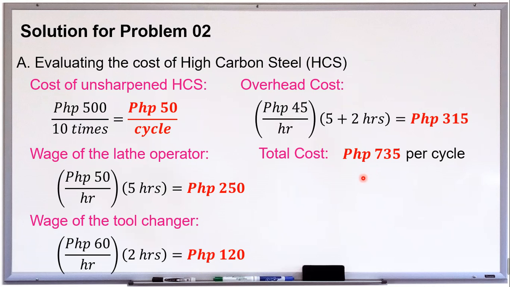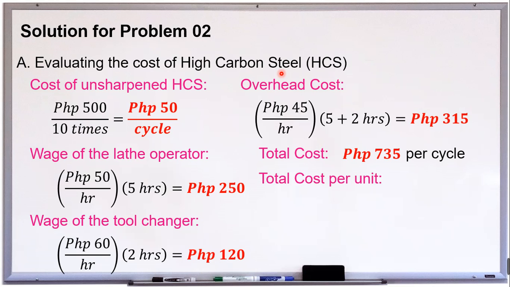Next we are going to get the total cost per piece, since we all know from the problem that if we're going to use the high carbon steel, we can produce an output from our lathe machine, and the rate is 70 pieces for high carbon steel.